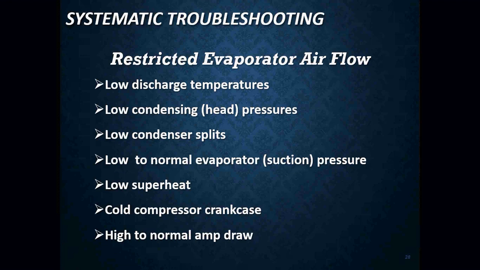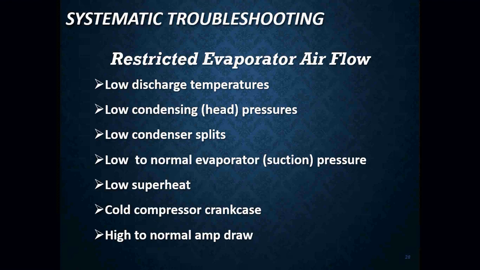Now, if you have a restricted evaporator airflow, that can be wet vapor compression. Will take heat away from the cylinder, leaving the colder discharge temperatures. The evaporator does not absorb the heat load, reducing the load on the condenser itself, causing low head pressures and lower temperature splits.